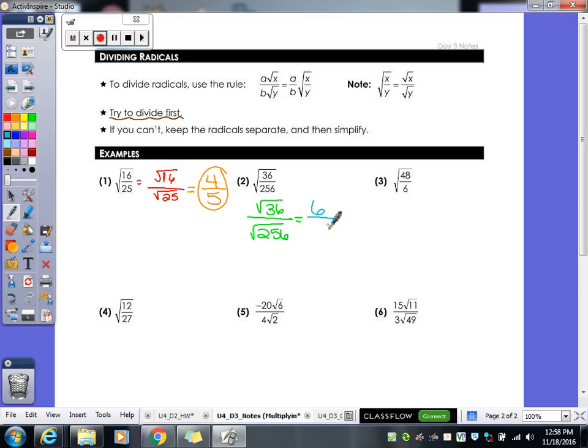Square root of 256, let's see if it works. 16. So now can we reduce 6 over 16? Yeah, what can we divide them both by? Not 3, 2. So we would get 3 over 8. That would be our answer for that one.